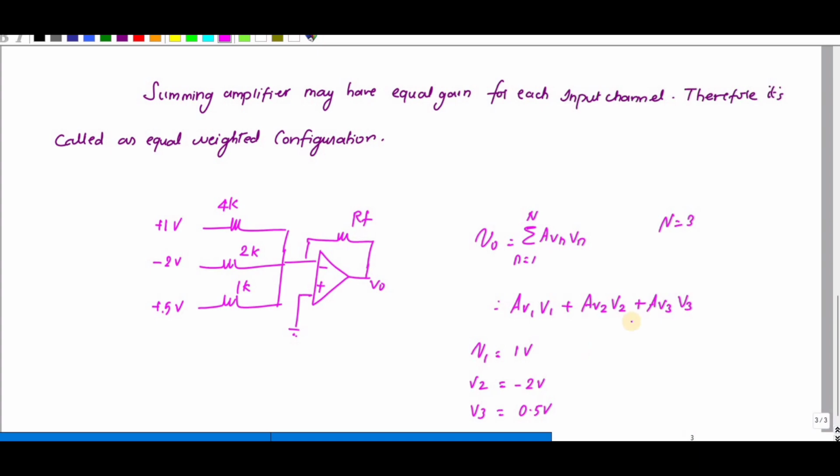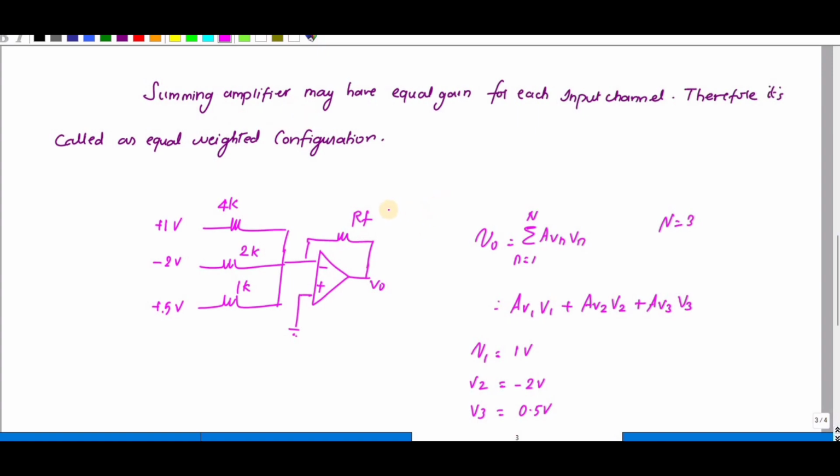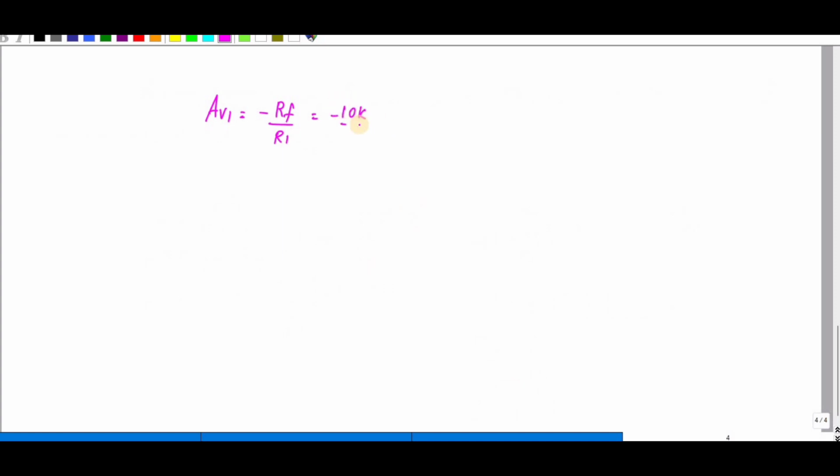Now I need to find the values of AV. AV1 is equal to minus RF divided by R1, which is minus 10K divided by 4K, that is minus 2.5.